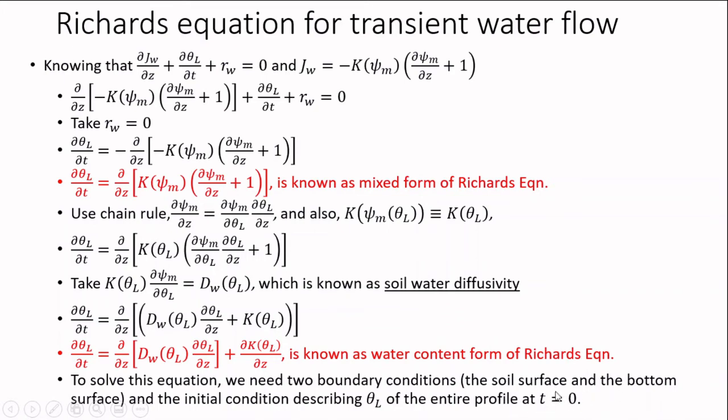So at time t0, we need to know the soil volumetric water content distribution within the soil, and we need to know what's happening at the lower boundary and what's happening at the upper boundary. So we need to know the water content at the upper boundary. We also need to know the water content at the lower boundary, as well as the distribution of water content within the soil itself, in order to solve this equation.